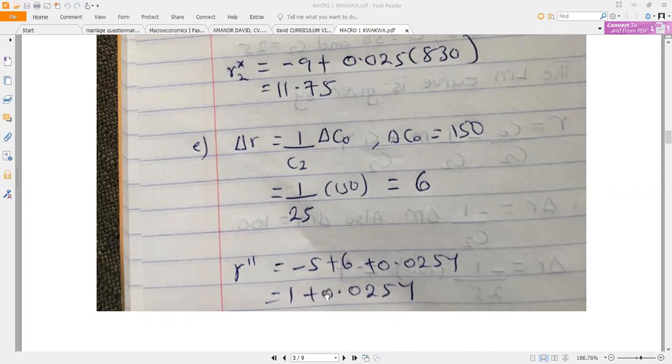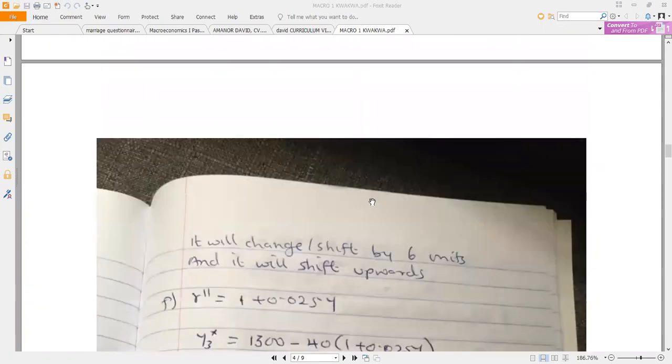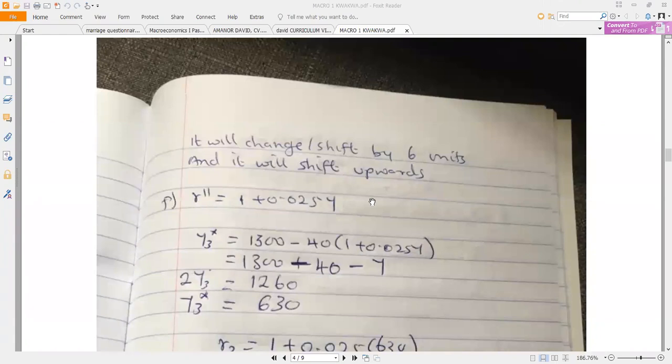After this, to find the new equilibrium income and interest rate, substitute this into the old, and that's the only, IS curve. As before, we have minus 40 times R, so 1 and then 0.025.